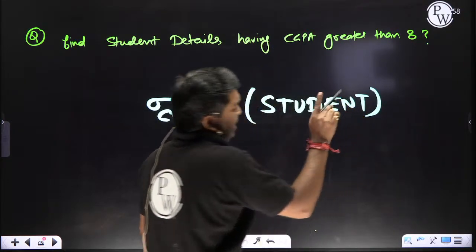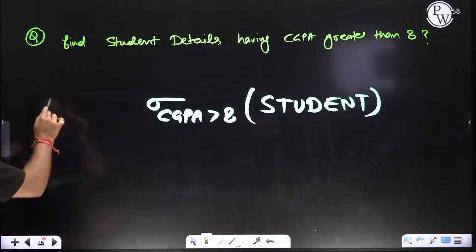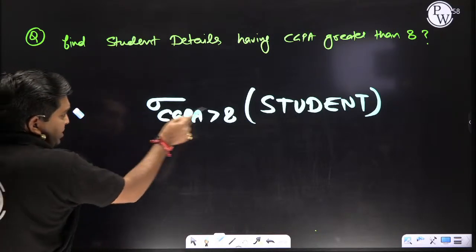This is the answer. This is not SQL, so we don't write select. We write only sigma CGPA greater than 8.